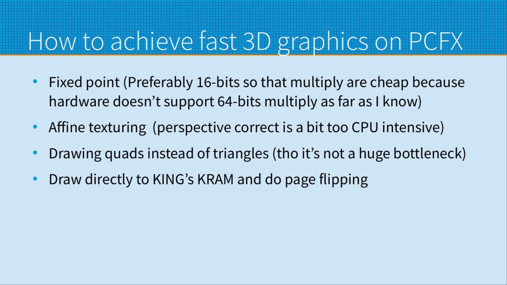And of course, you should use affine texturing. The issue with affine texturing is there's quite a bit of distortion if you come up close to the walls, for instance. Perspective correction fixes this, but it is quite a bit more CPU intensive. It's a bit of a mess.